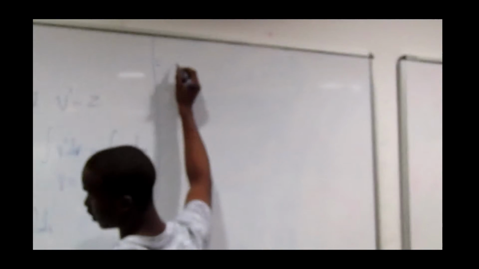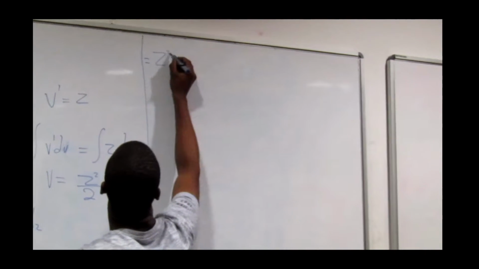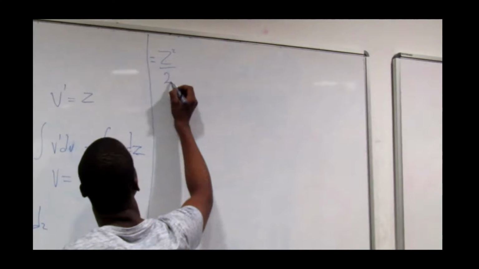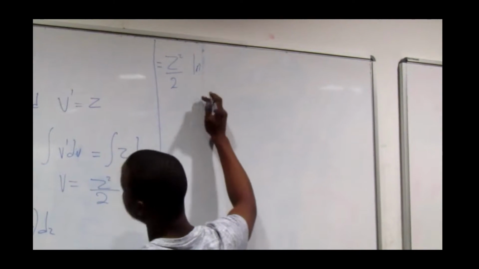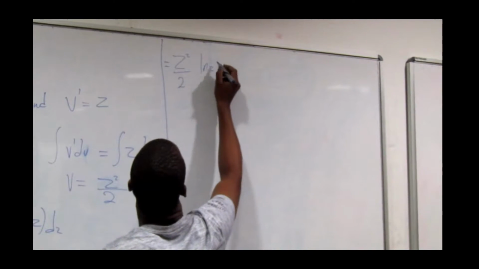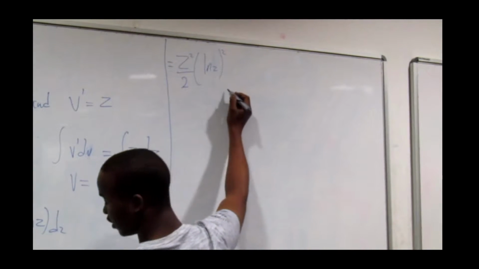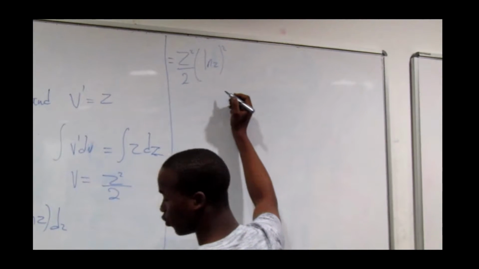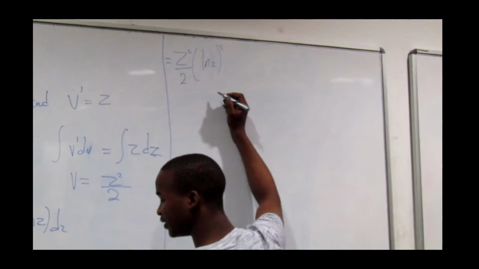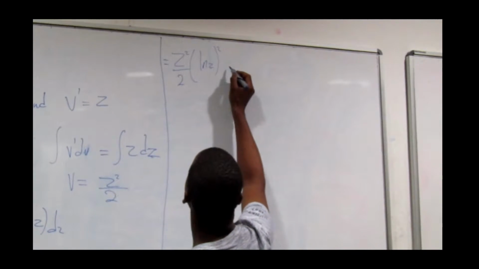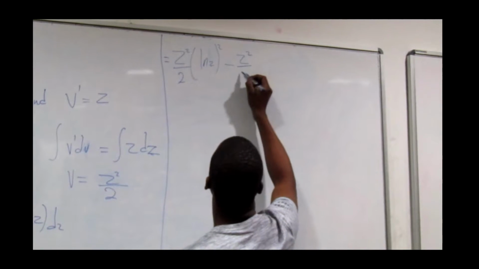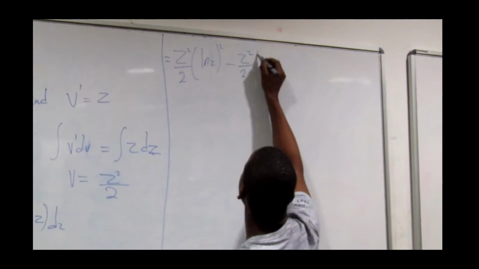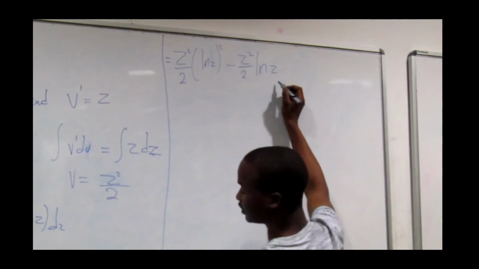We are having z squared over 2 times ln z the whole squared, minus, when we multiply this into this, it gives us negative z squared over 2 ln z.